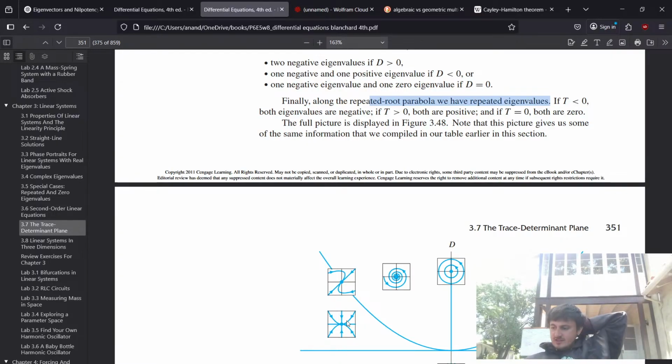So if we have t less than 0 and t squared is greater than 4d, then we're going to have t plus or minus something that is positive.